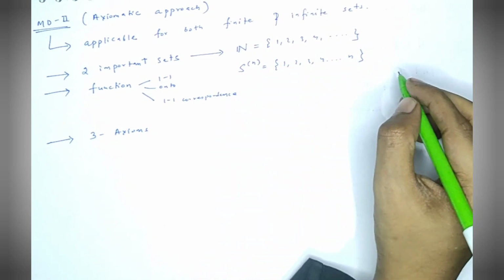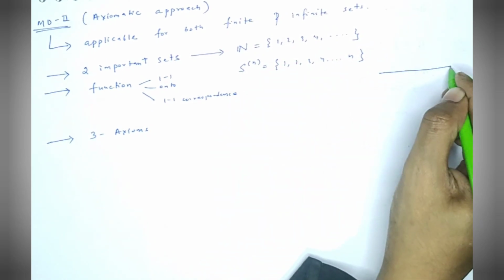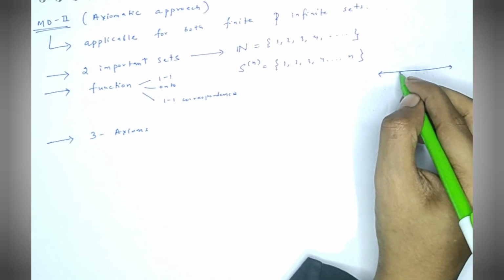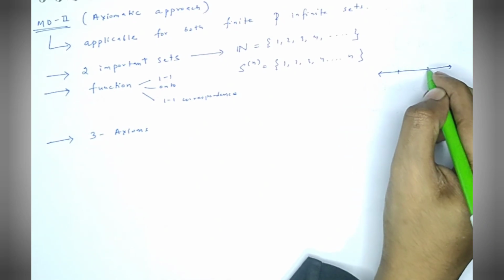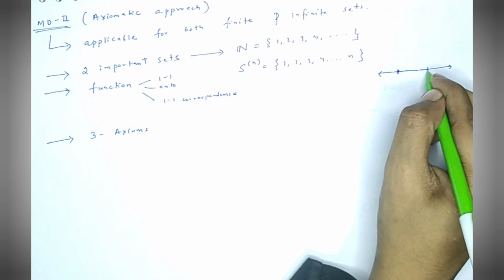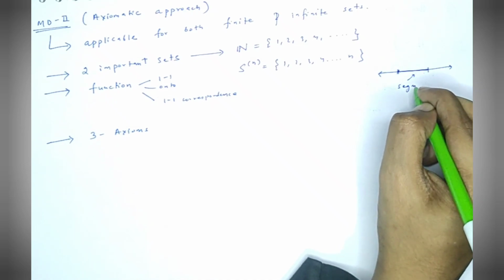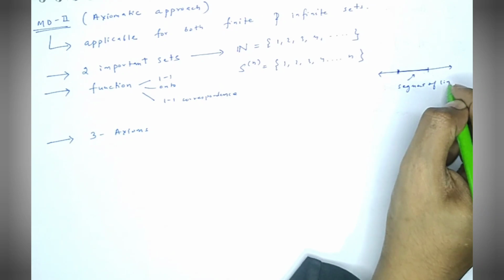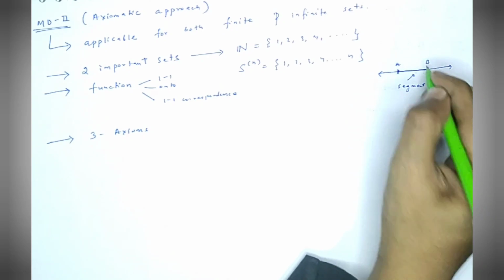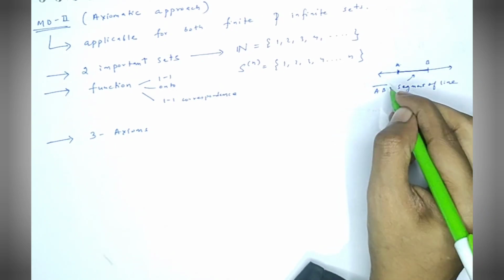For example, if this is a line, and if we cut this line, this portion of the line is called a segment of the line. Segment of line AB is called the segment of the line.